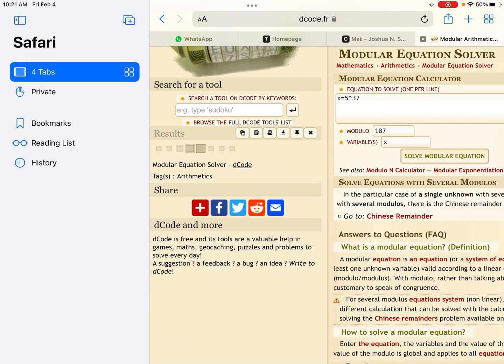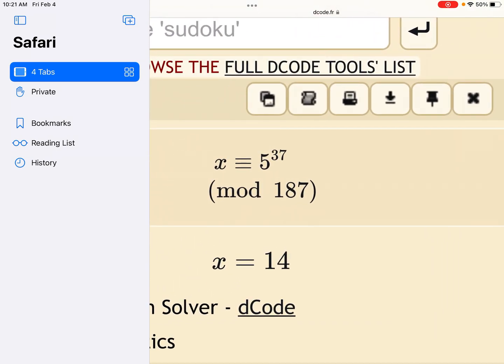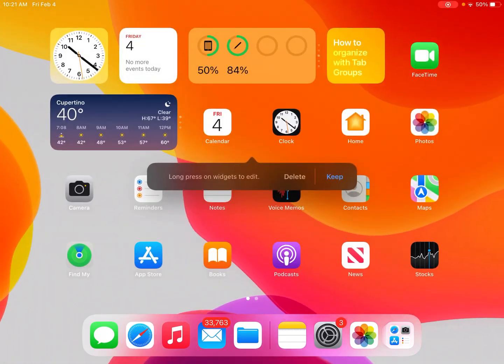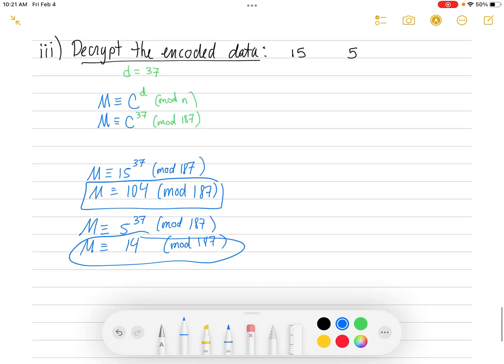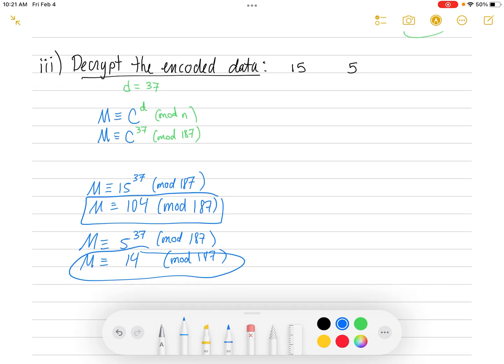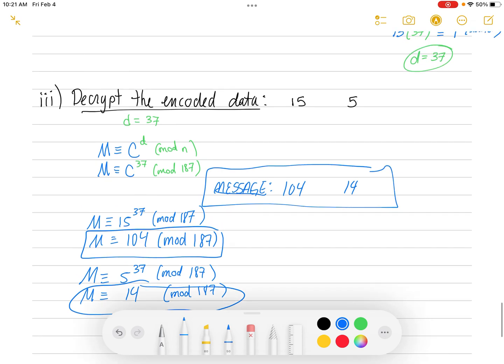The 37 power. Okay, solve modular equation. We're going to tap that. And it looks like 14 is the answer. So we're going to have 14 here. So my message here, what I've decrypted, we have 104 and 14.